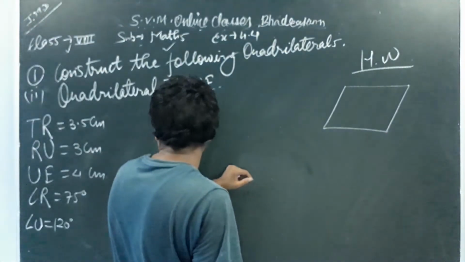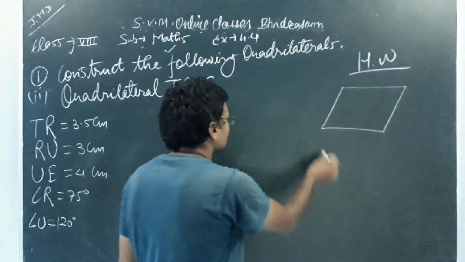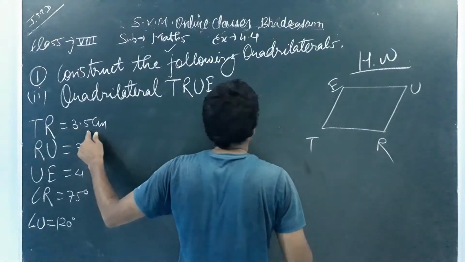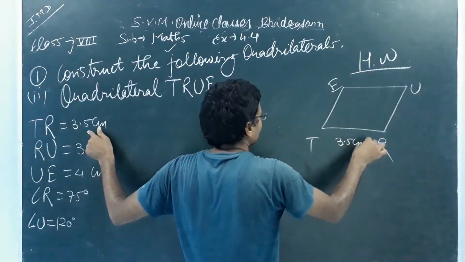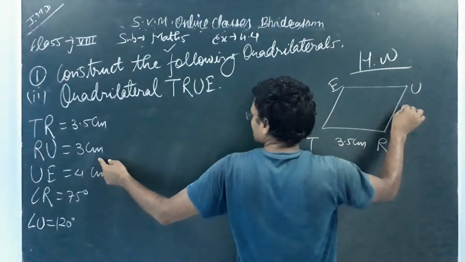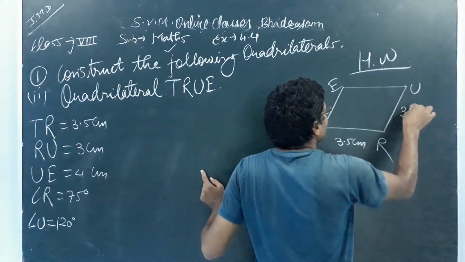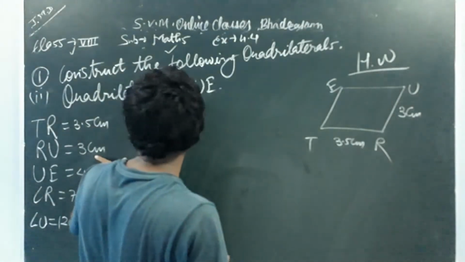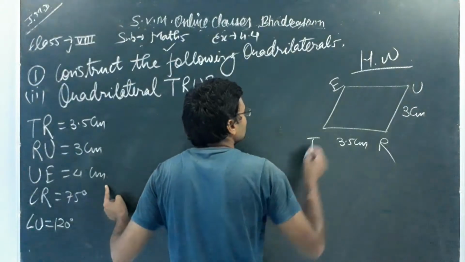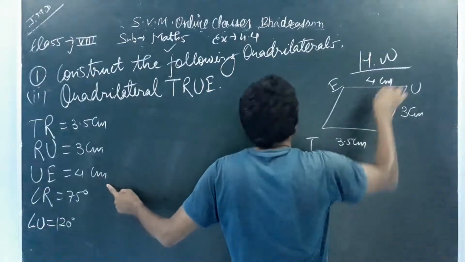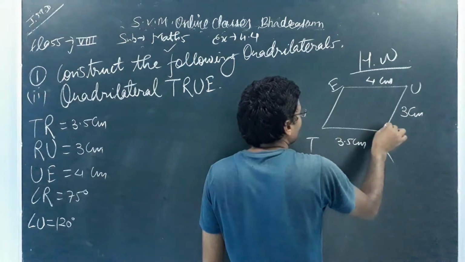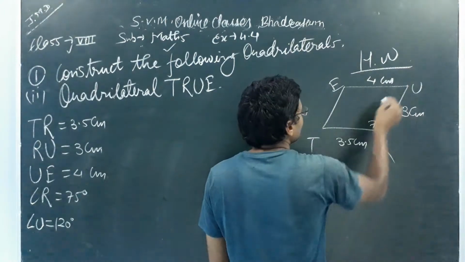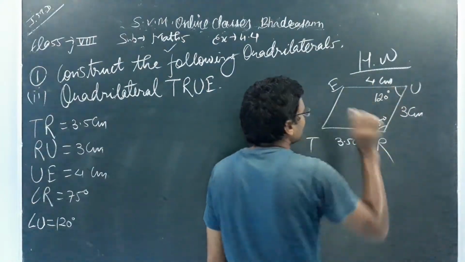This is T, this is R, this is U, and that's E. TR is 3.5 centimeter, RU is 3 centimeter, UE is 4 centimeter. Angle R is 75 degree, and this angle U is 120 degree.